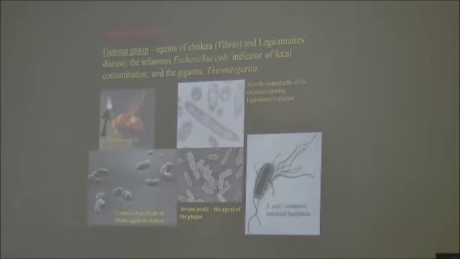Then the Yersinia pestis, which was formerly named Pasteurella pestis after Pasteur, but it turns out that the Yersinia name had precedence. And then everybody's favorite, everybody has E. coli, Escherichia coli, living in their guts. So that's in that group.